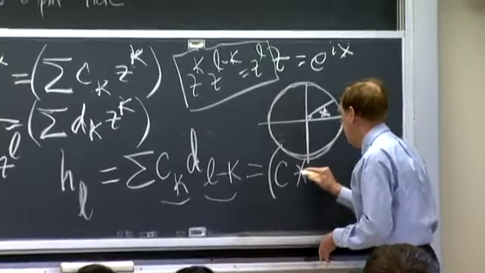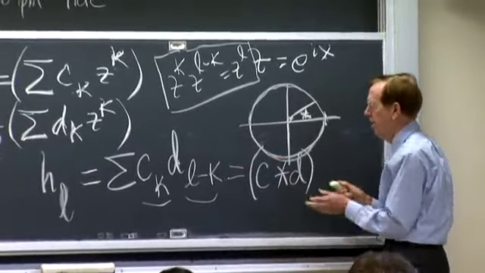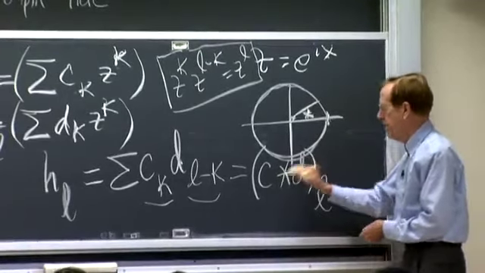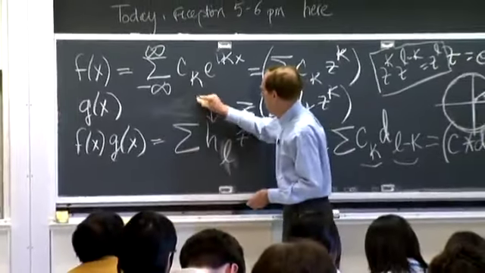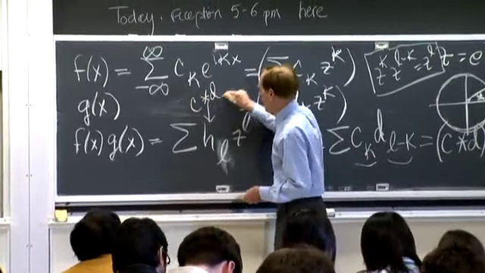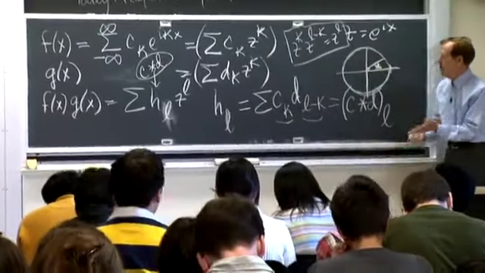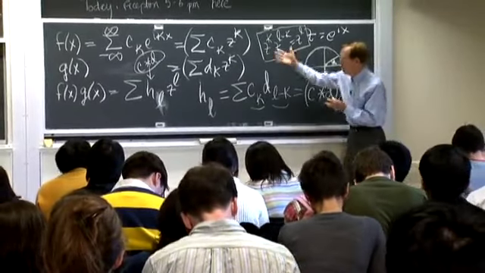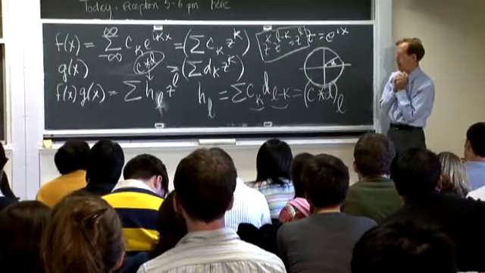This is C convolved with D. C convolved with D is H. So this is the component. C convolved with D is my symbol. This H is the convolution then. That's the convolution rule. It's just whatever operation you have to do to get the right answer when you multiply. Okay, so that's this one now.